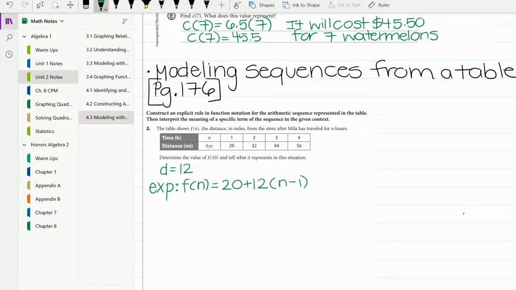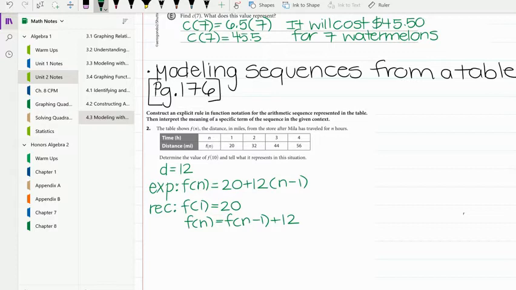So that would be the explicit rule. I'm going to also come up with the recursive rule, even though it doesn't ask. So the recursive rule would be f of 1 equals 20, and then f of n equals f of n minus 1 plus 12.